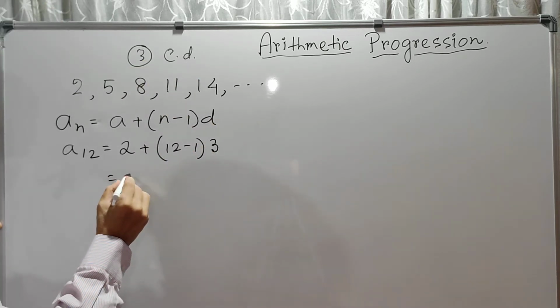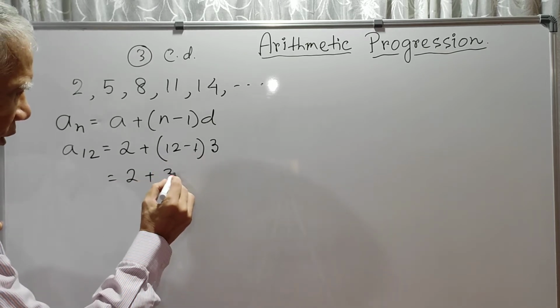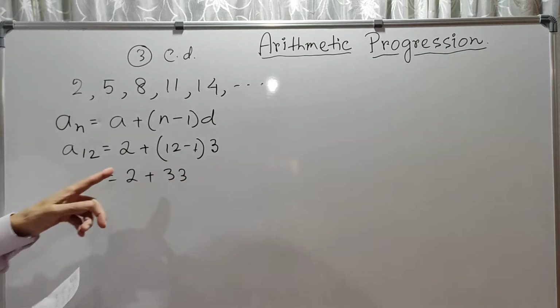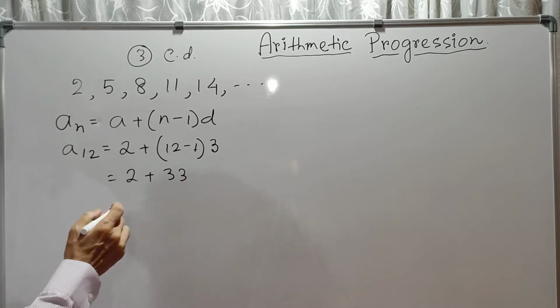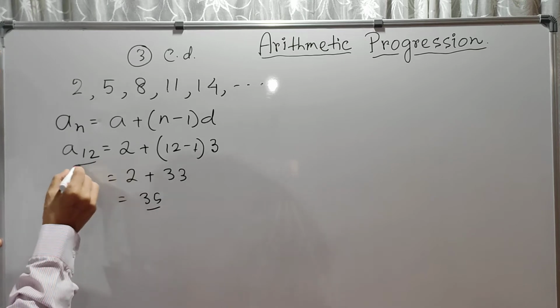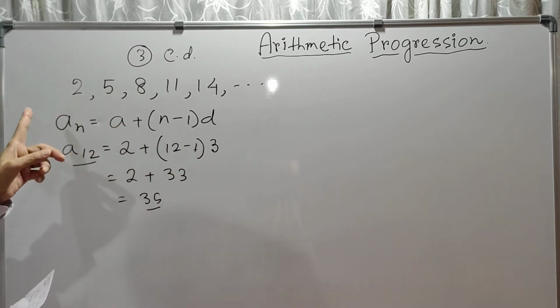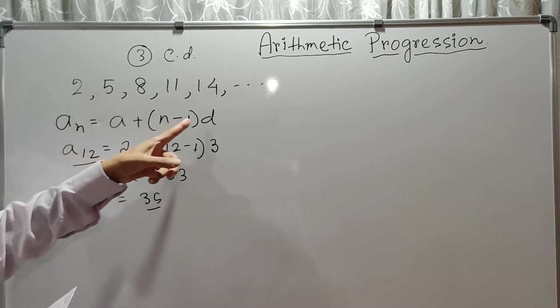So, what do you get? 2 plus 11 into 3, 33, that means 35. So, 35 is the 12th term of this AP. So, this is the formula to find out nth term, A plus n minus 1 D.